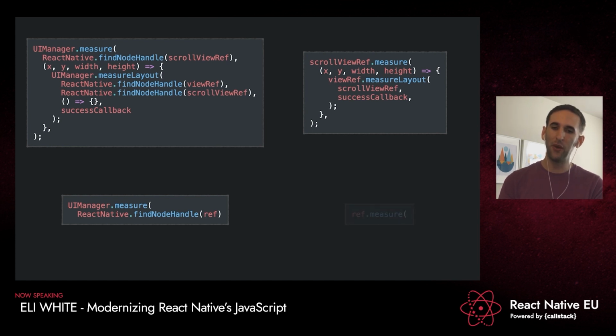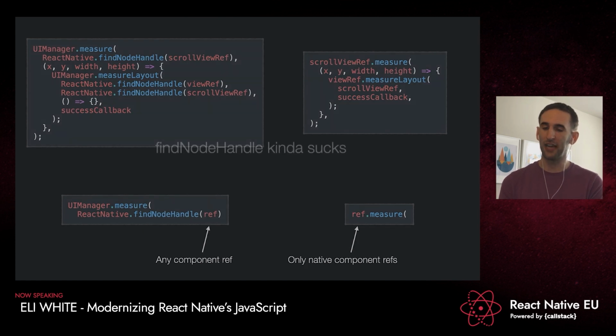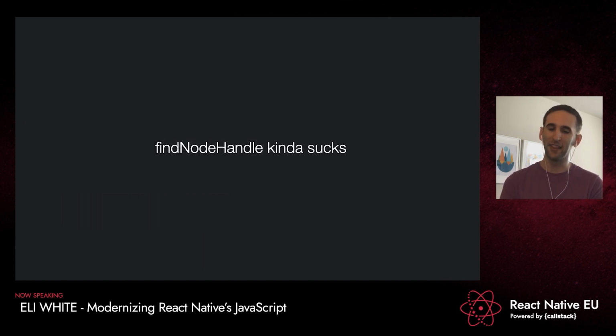Well, with the new API, when you call ref.measure, the original UI manager with findNodeHandle, this ref could be any component ref, and ref.measure has to be only a native component ref. So it seems like the old way was actually nicer, but it wasn't. And let me explain why.